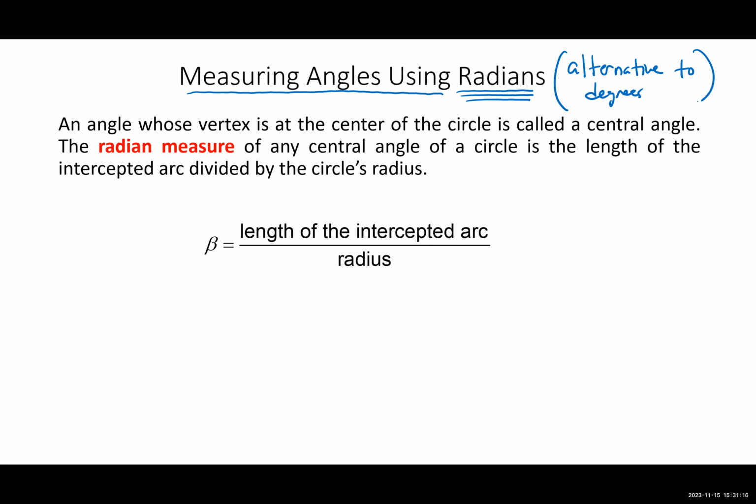Just like you could measure something in inches, and you could also measure it in centimeters. You can measure something in pounds and ounces. You can measure something in grams and kilograms. Right? You could measure an angle in degrees. And you could also measure an angle in what are called radians. It's just another system of measurement.